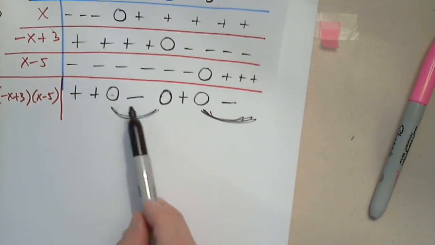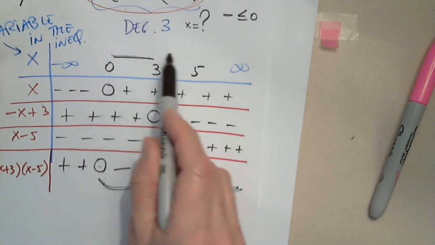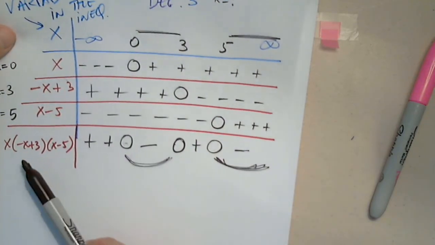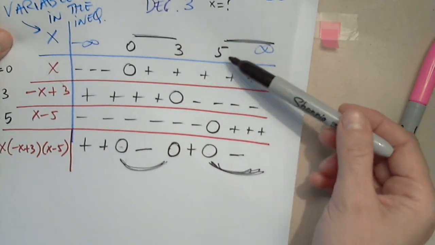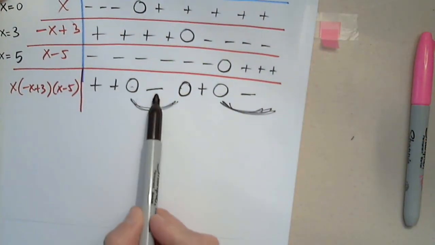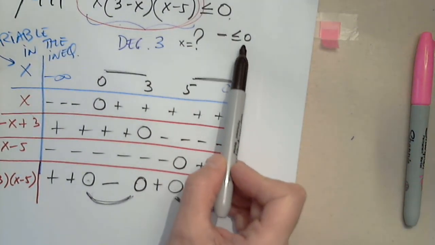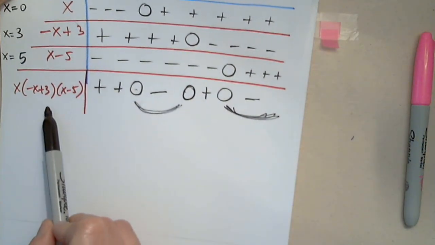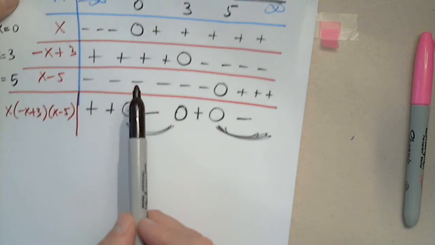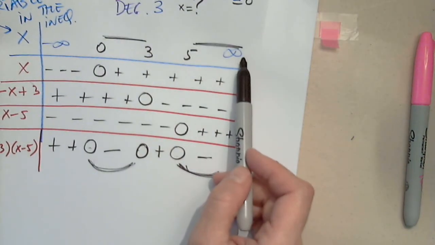If I pick x between 0 and 3 or between 5 and infinity, the product will always be negative, as it should be, because I want less than or equal to 0. So the product is negative when x is between 0 and 3, and when x is between 5 and infinity.